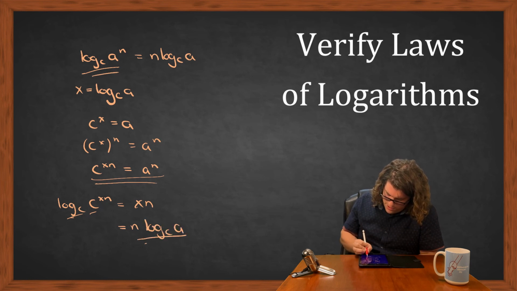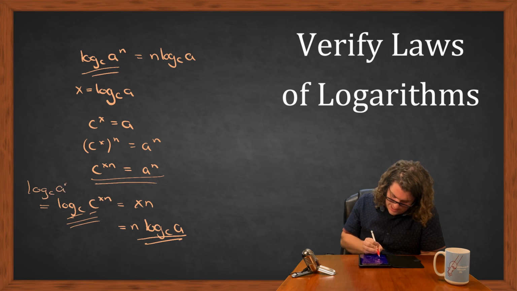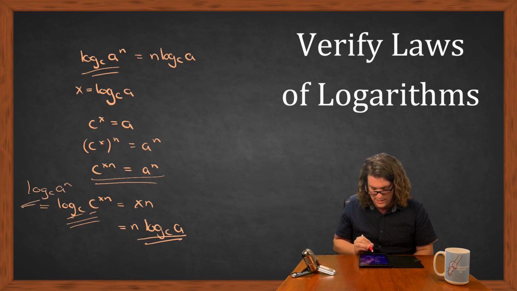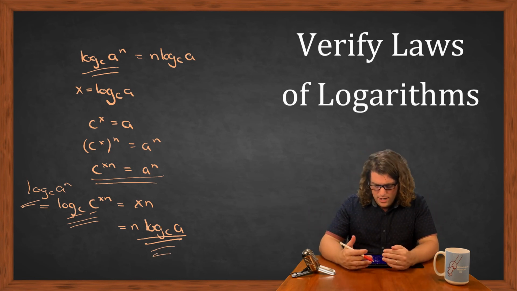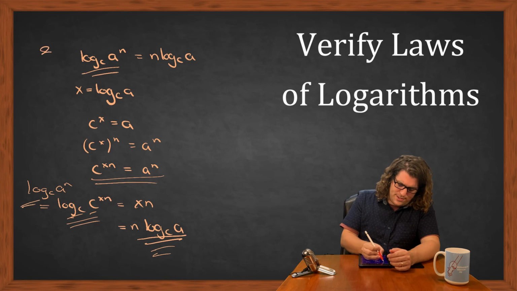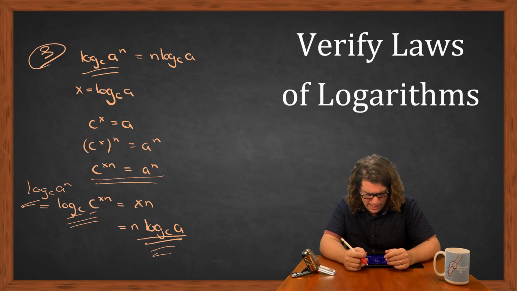So this thing is the same as log base c of a to the n, which is good because that's what we're trying to show. We could say that this one's number 3. So log base c of a to the n is equal to n times log base c of a.